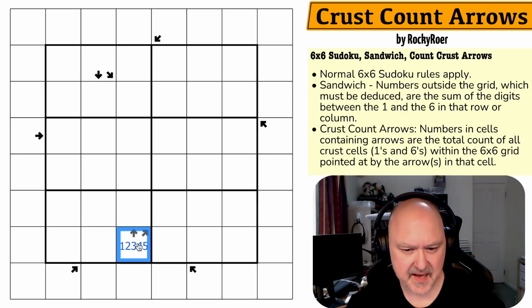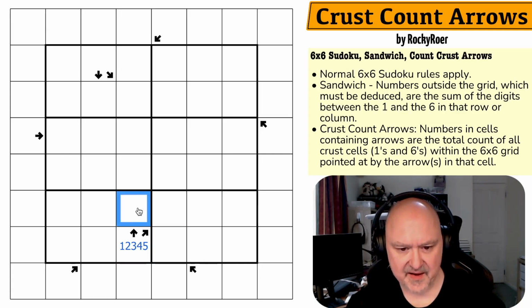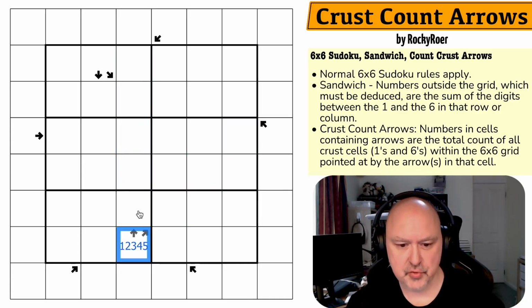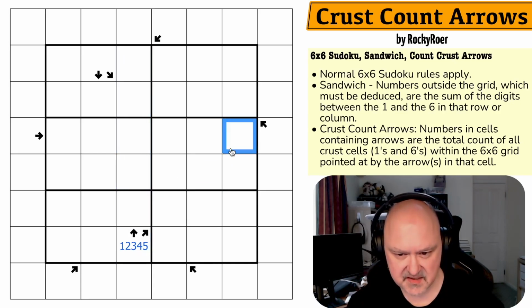It can't be 6, because if this is 6, I can only have 1 crust cell here, which is the 1, and then this would actually be 4. So 6 isn't possible. But if this is 5, the 1 and the 6 would be here, and I could have 3 here. 4 would allow me to have 2 here and 2 here. 3 would allow me to have 2 here and 1 here. 2 would have 2 here and 0 here. 1 would have the 6 up here and 0 here.